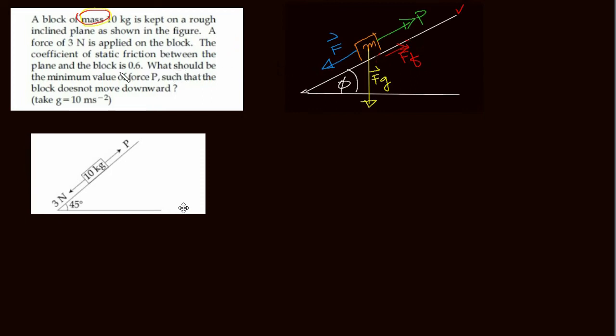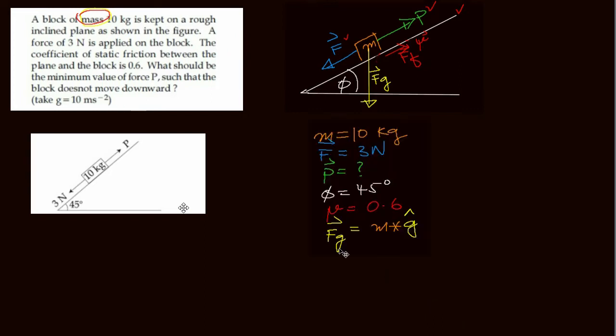A force of 3 Newton is applied on the block, and here is given the direction. So I have this force F in blue, so I took care of that too. The coefficient of static friction between the plane and the block is 0.6. So I have this force here, and maybe I can also write here mu for the static friction. And then what should be the minimum value of force P such that the block doesn't move downward? So I have this P here.